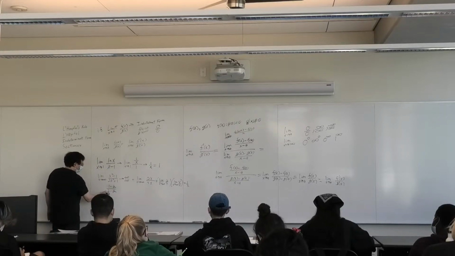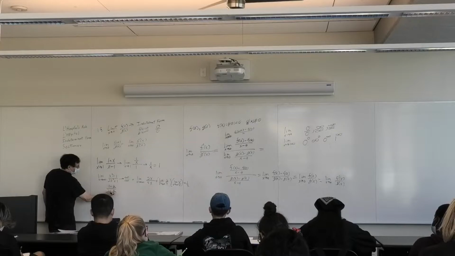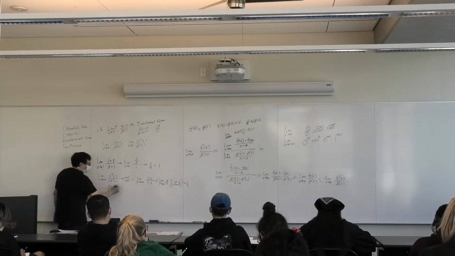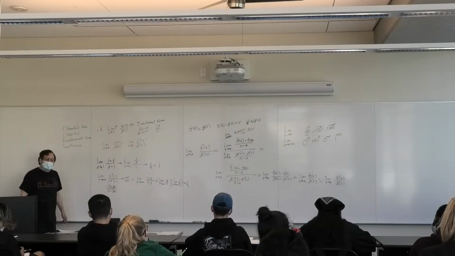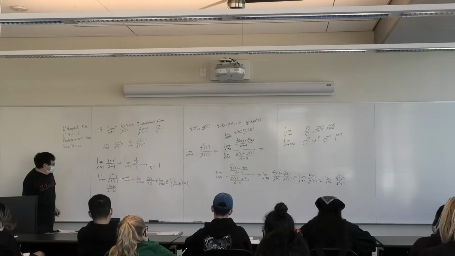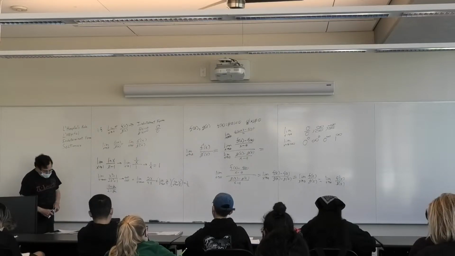As x goes to infinity, clearly 1 over x squared goes to 0, and you can just immediately jump. That's not true for all the problems we're doing. For some of them you won't find an easier way.